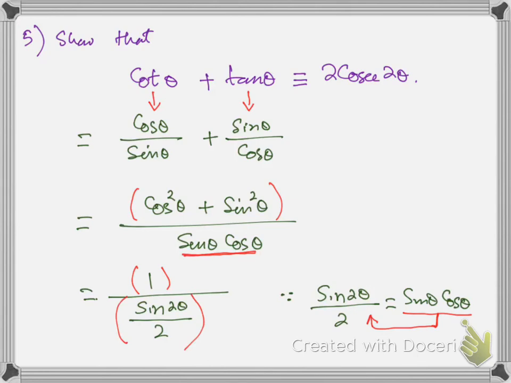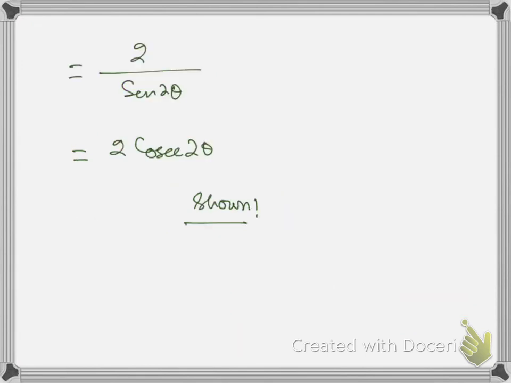So in order to replace this product here, you need to use double angle form of sine. Then after that, just simplify this. Take the reciprocal of this, bring 2 in the numerator, and you know 1 upon sine 2 theta is cosec 2 theta in fact. So this is cosec 2 theta. We have shown this identity.